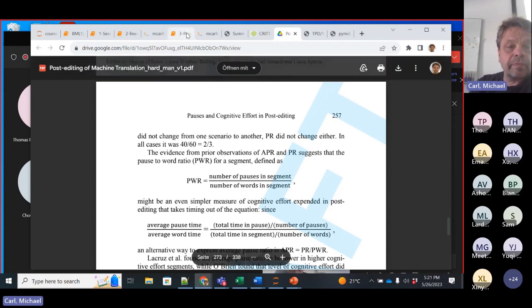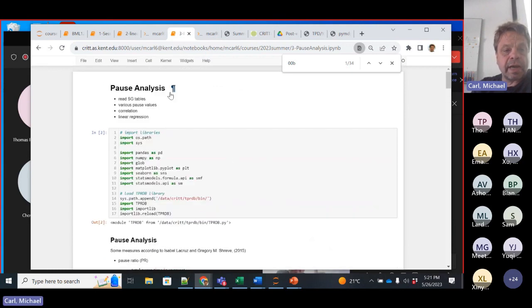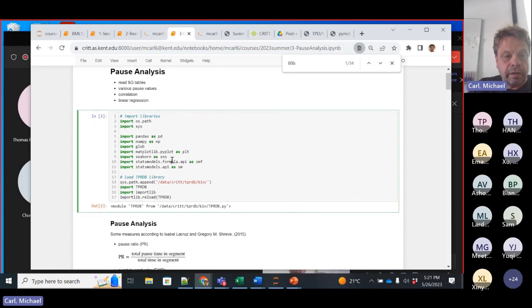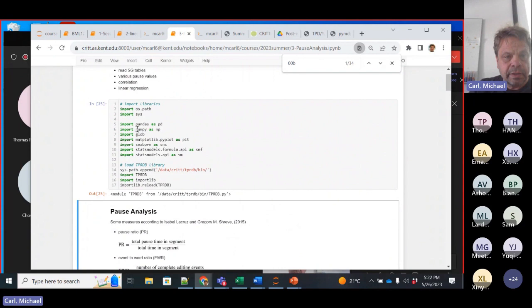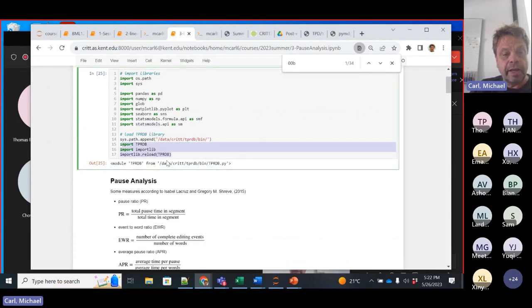And there is a script here, number 3, which is called pause analysis. Again, we can load these libraries: system libraries, pandas table, NumPy, and this is for visualization and the linear regression model. And then here we have this interface to the TPRDB.